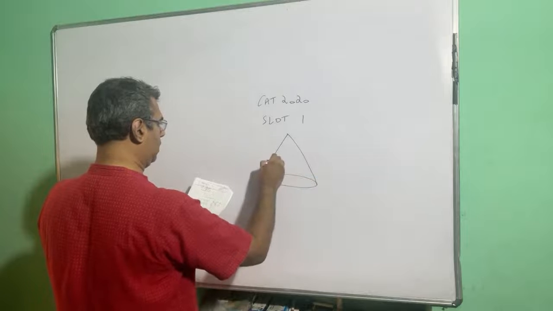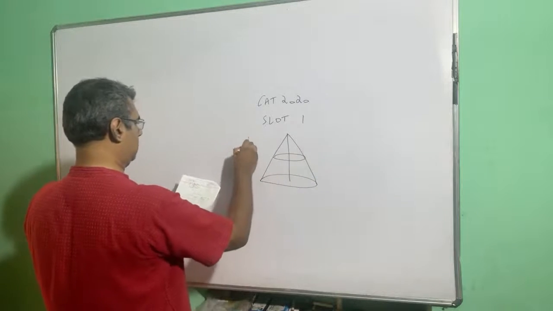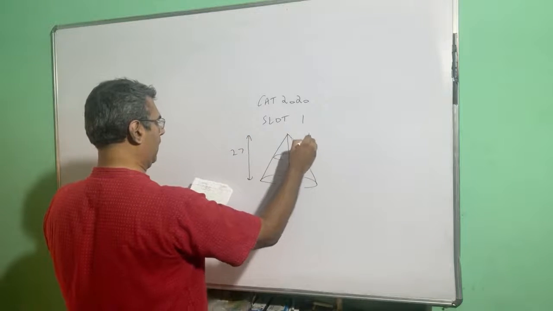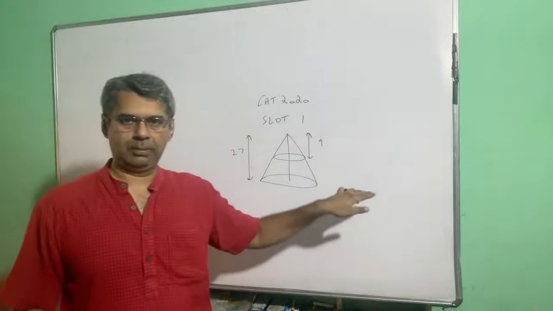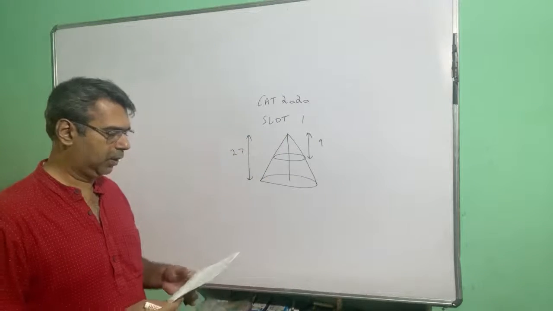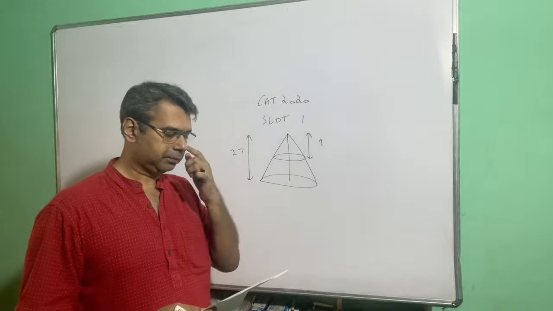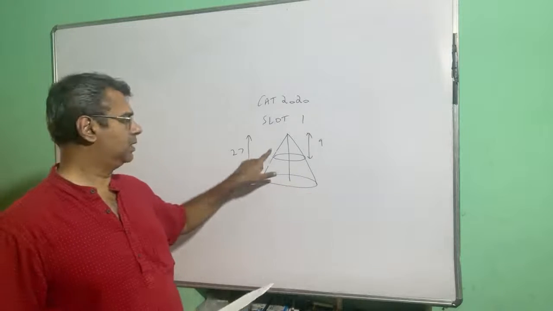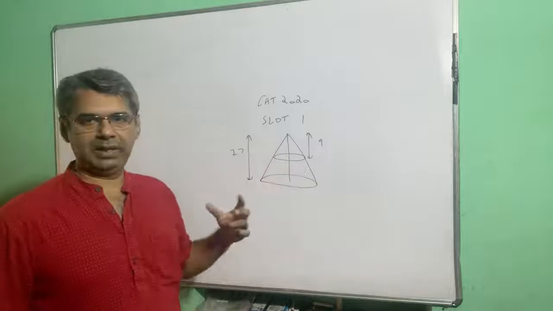The question goes like this: the height of the cone is 27, but the slicing is done at 9 from the top. You are getting two volumes. One is the upper one, which is a smaller cone, and then you are getting the frustum.